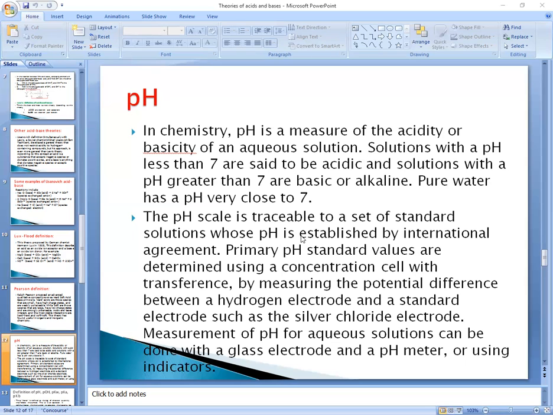And we know that a solution having pH less than 7 is considered to be an acidic solution, and those that have higher than 7 pH values will be considered as basic solutions. While solutions having a pH exactly equal to 7 are said to be neutral, and usually pure water has a pH value of 7, and it is considered to be neutral.